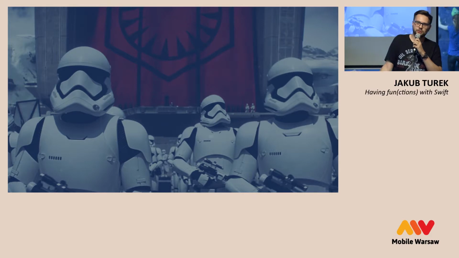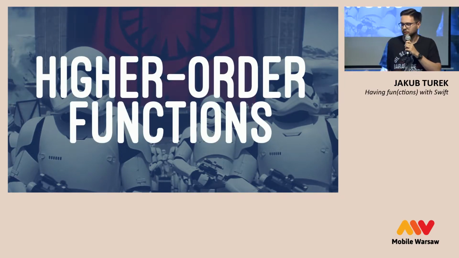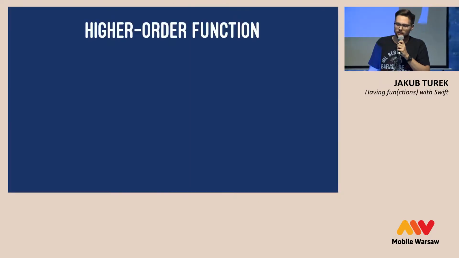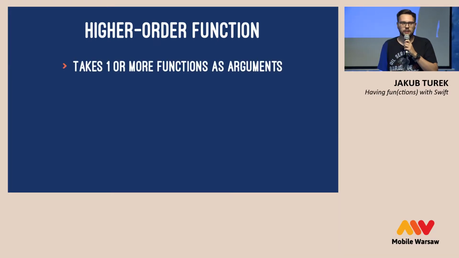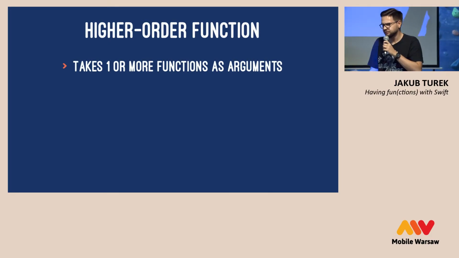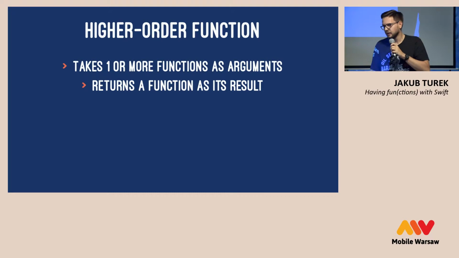It's not about the first order this time, but about higher order functions, which are very tightly coupled with functional programming. So the higher order function, by design, is a function that can take in one or more functions as a parameter, or it returns a function as a result.